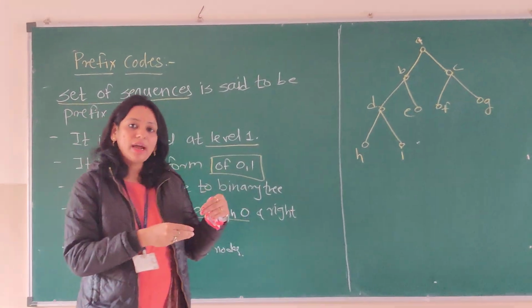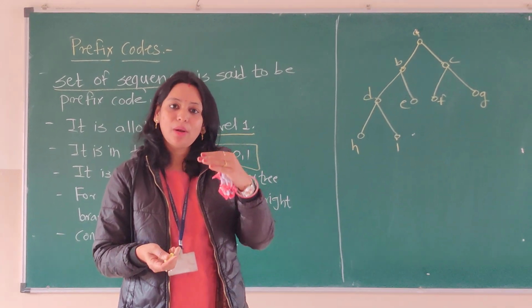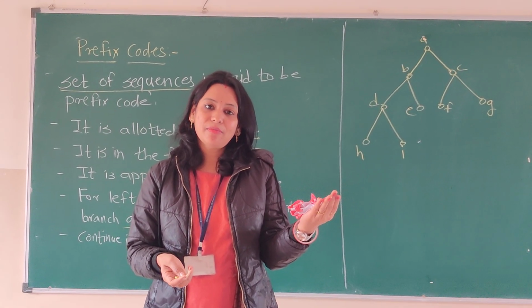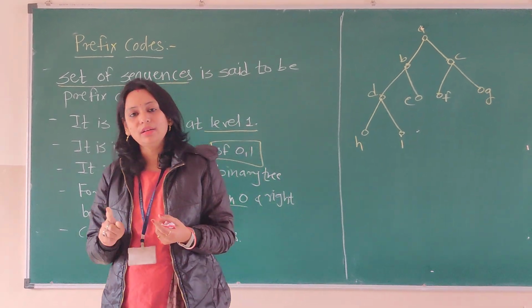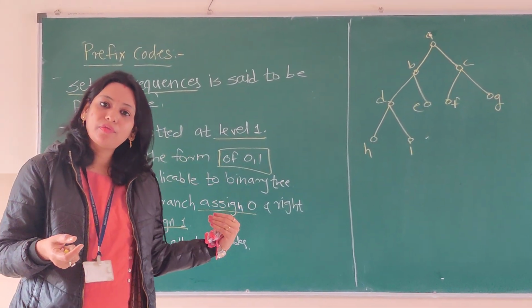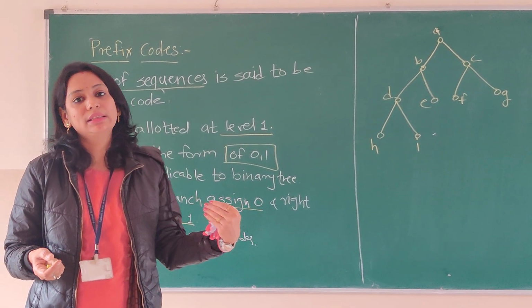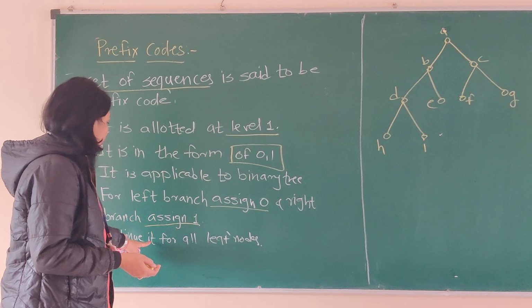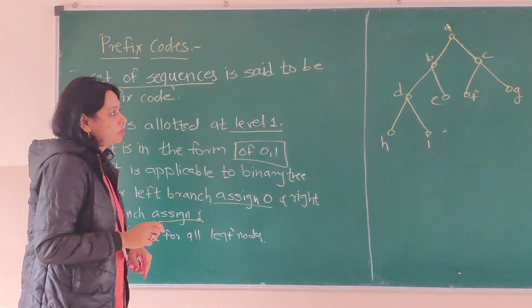So starting from level 1, we will assign 0 for the left branch and 1 for the right branch. The same rule will be applied to each and every vertex till the leaf node. So continue this process till all the leaf nodes.